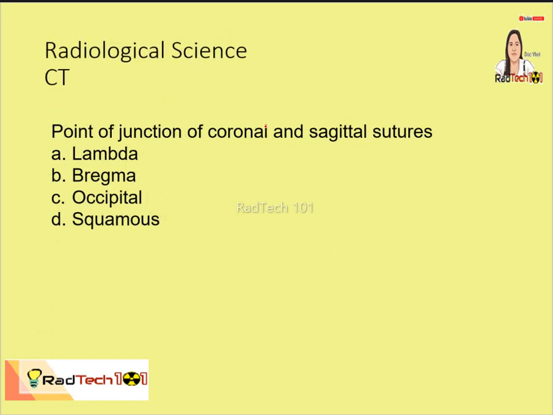Next, the point of junction between coronal and sagittal sutures, that is, yes, bregma. So, bregma, that is the junction of coronal and sagittal suture. So, yung ating coronal, tapos ito yung ating sagittal.